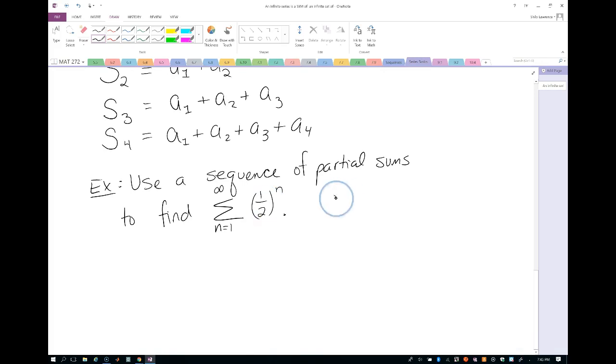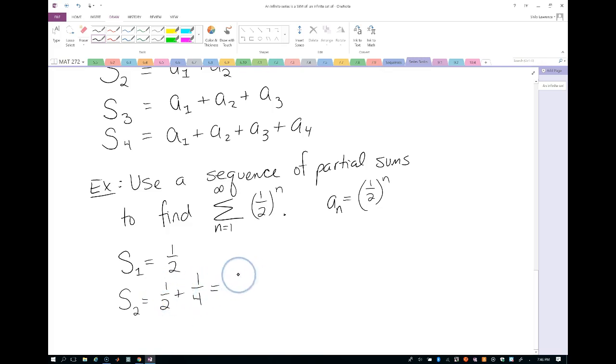So our a sub n that we're working with here is (1/2) to the n. This is the sequence that is generating the terms for our infinite series. So s sub 1 means only use the first term. If I plug 1 in, I get 1/2. S sub 2 means use the first two terms. So 1/2 plus, if you plug 2 in, you get 1/4.